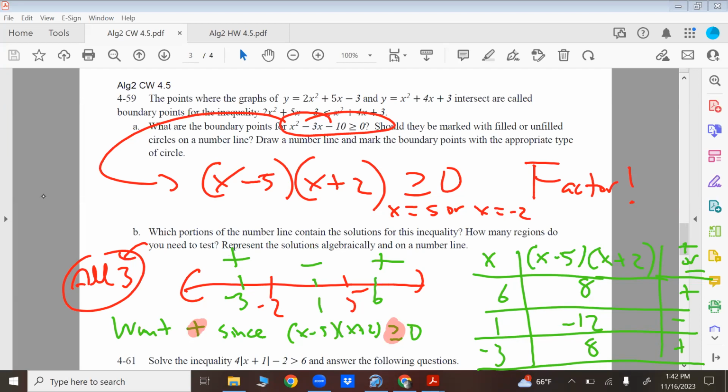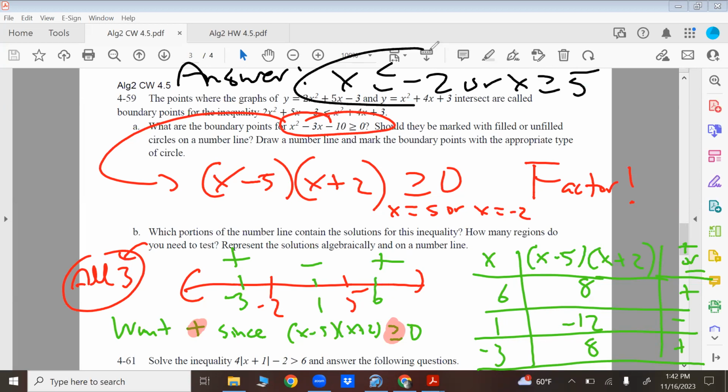So what do you say the answer is, guys? x is, and there's an equal sign, right? Yes. x is less than or equal to negative 2, or x is greater than or equal to 5. And you have to say or, because you can't simultaneously be less than negative 2 and greater than 5, right?